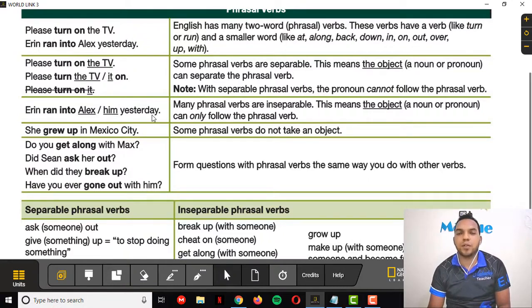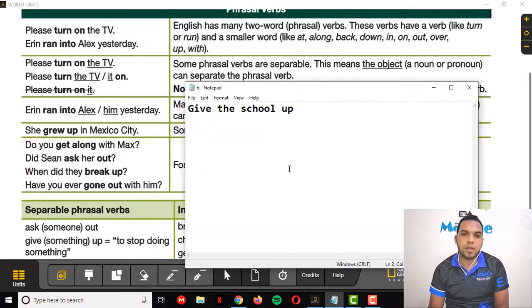Many phrasal verbs also are inseparable, as you see. This means that the object, a noun or pronoun, can only come after the phrasal verb. For example, if I say Erin ran into Alex or him yesterday, okay, so actually you can say this.